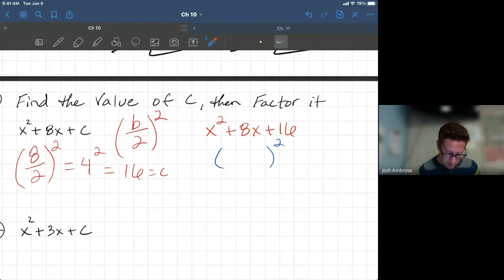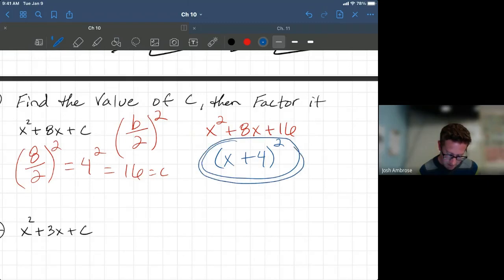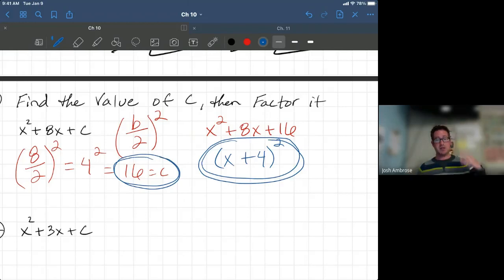All right, notice we have plus sign, plus sign. That means we're going to have a plus sign here. X squared is perfect. That makes x. Then 16 is perfect. That makes 4. And this is what we need. We need this, and we need this also. Okay, so it says the value of C, that's 16, then factor it. That's the x plus 4 quantity squared.